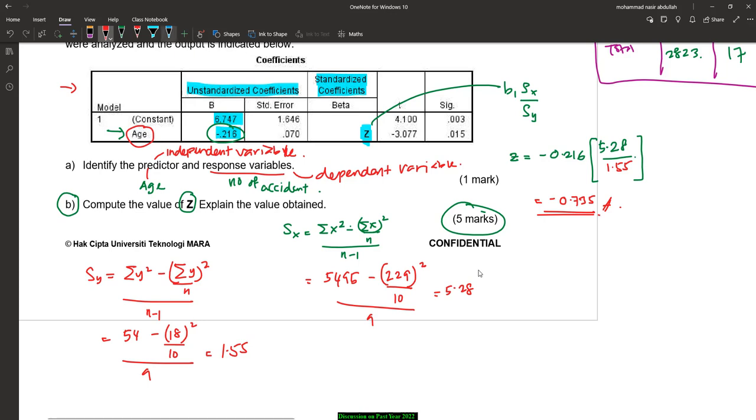So the question asks you to explain the meaning of standardized coefficient.